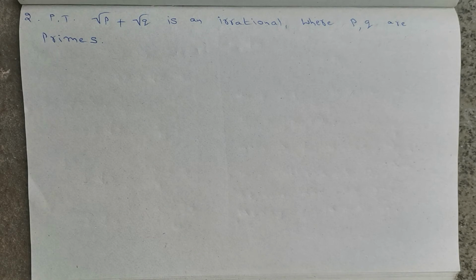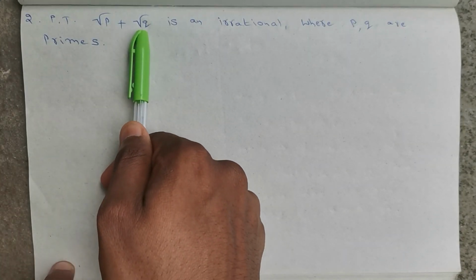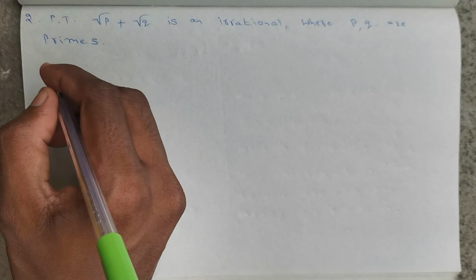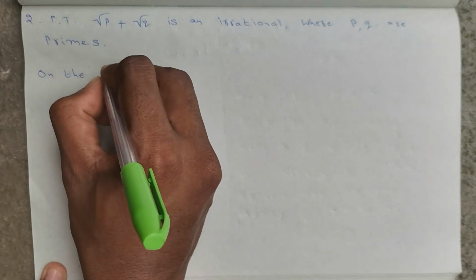Okay, second bit: prove that root p plus root q is an irrational number, where p, q are prime numbers. So here root p, root q, two terms are irrational only, so squaring is compulsory in this. First step as usual.